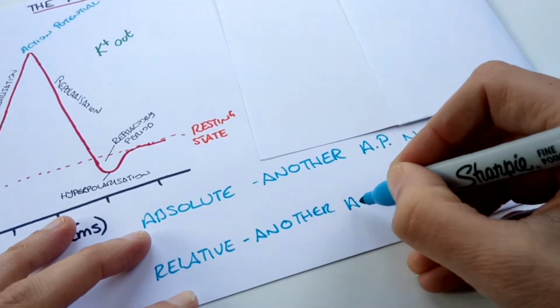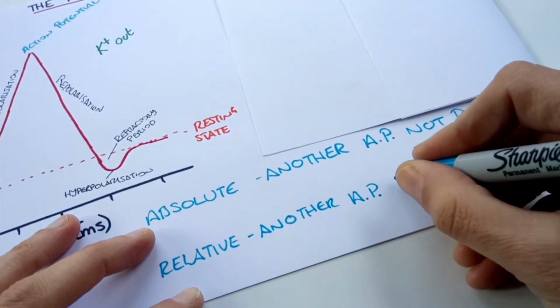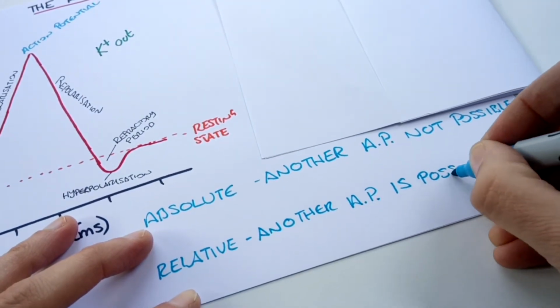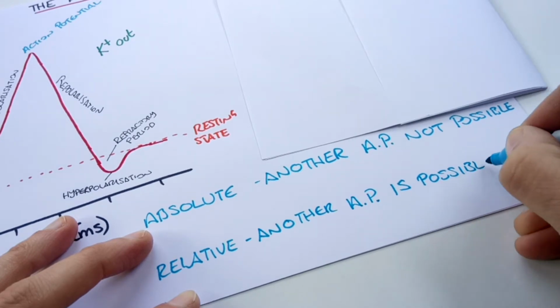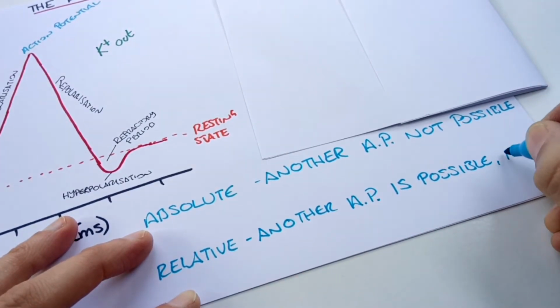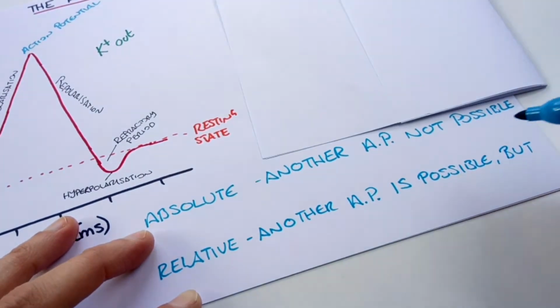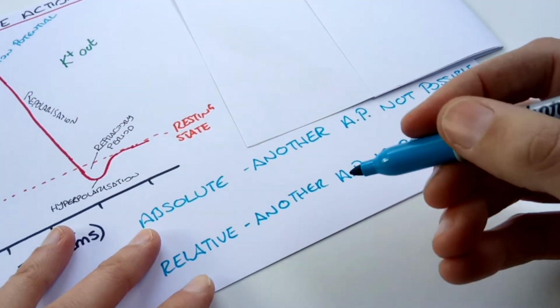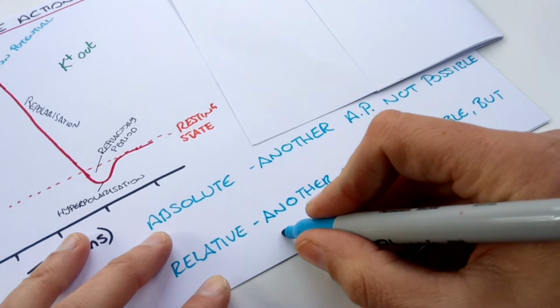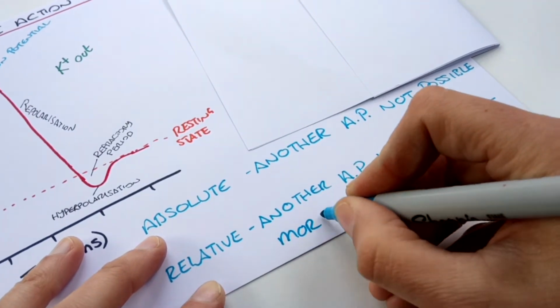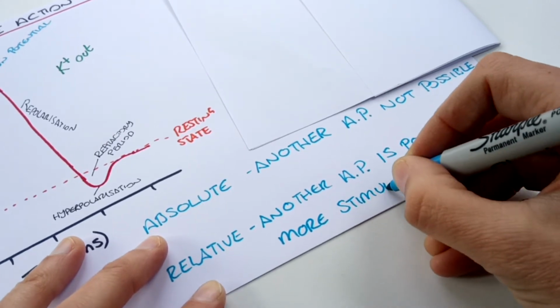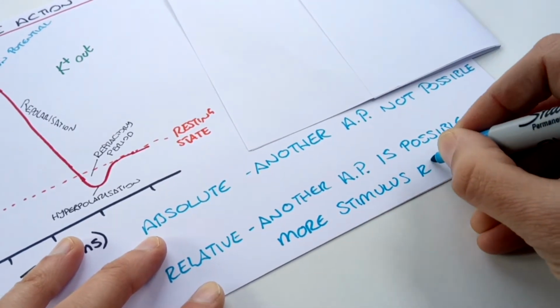Another action potential is possible, but you need a larger amount of stimulus. More stimulus required.